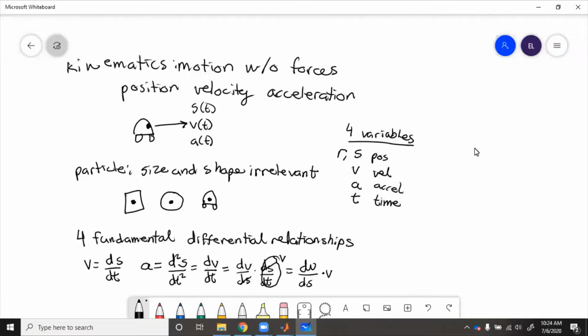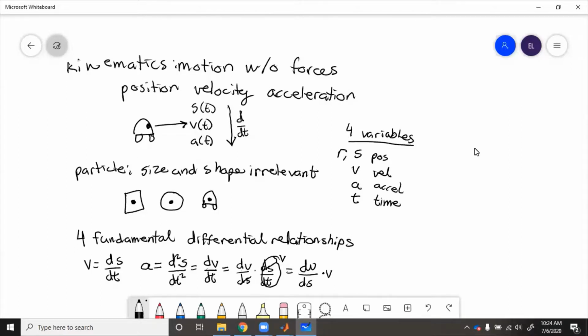You just pick which equation you want to use, and you separate and integrate to solve, or you take the derivative. So here, if we start with position and we want to find acceleration or velocity, we go down the chain, take the derivative.